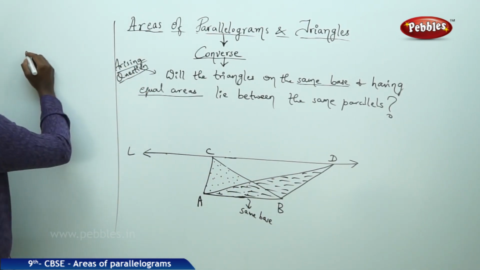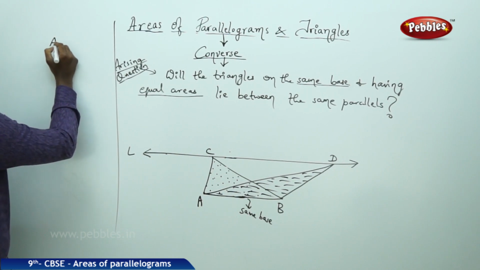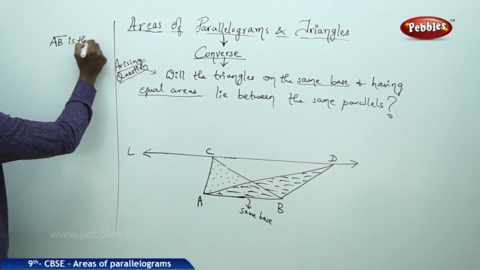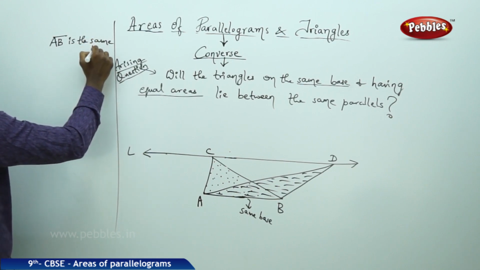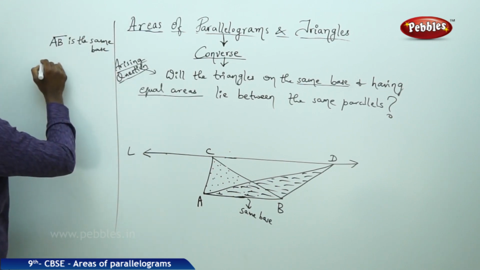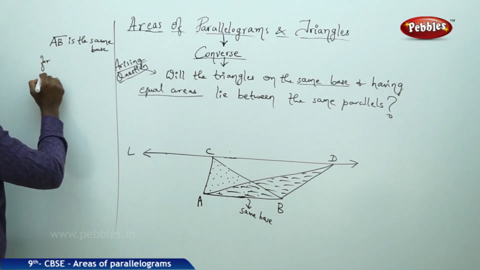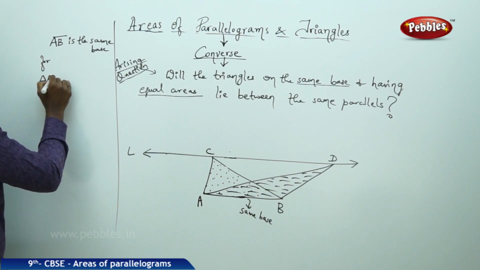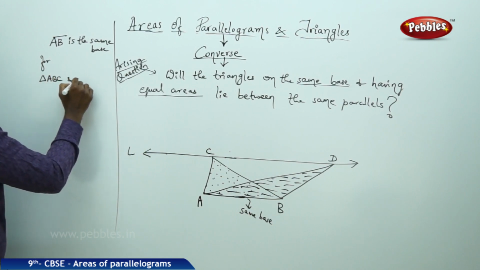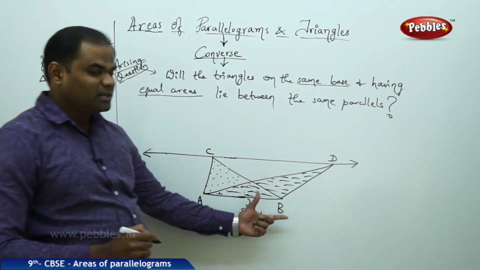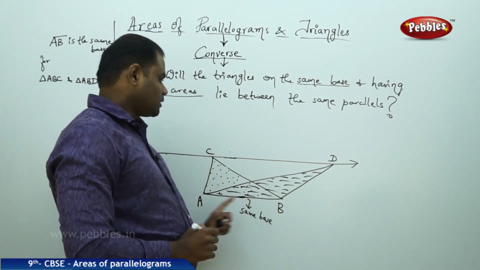So here the condition is that AB is the same base for triangle ABC and triangle ABD.